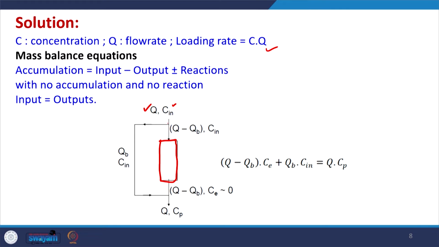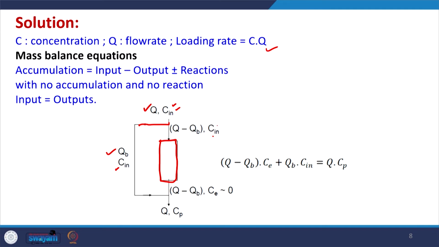Now, what we do is that we bypass some amount of water, and the flow rate is QB, and the rest of the water is sent to the ion exchange basin where the treatment happens.